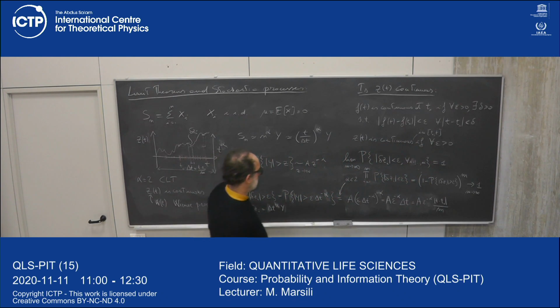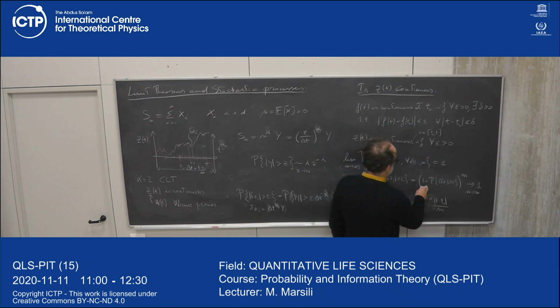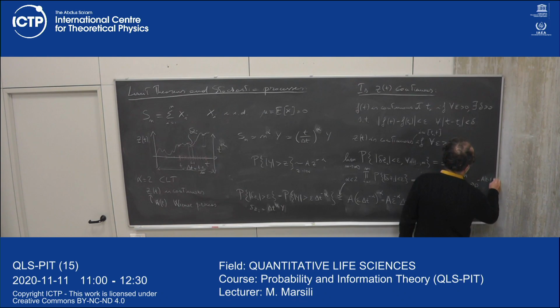Now, when you put this relation inside here, you see that this is 1 minus a constant divided by m, raised to the power m. So this converges, in this case, to e to the minus a epsilon to the minus alpha times t minus t0, that is, t minus t0 divided by epsilon to the alpha.